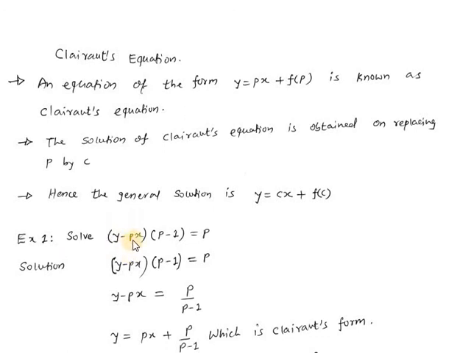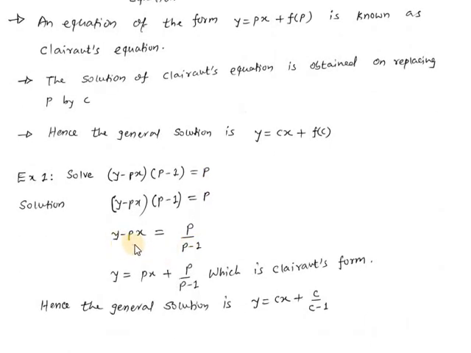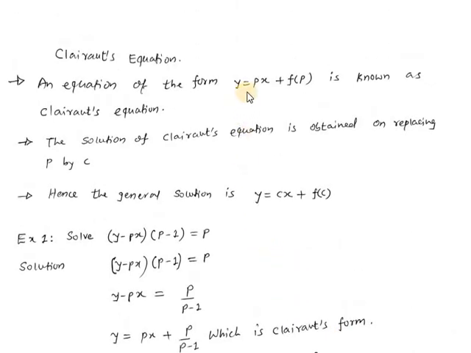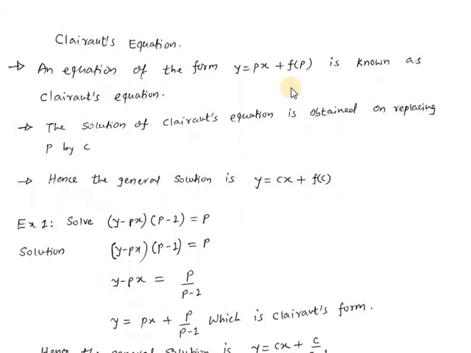Let us discuss the first example. Solve y minus px into p minus 1 is equal to p. Therefore here y minus px is equal to p divided by p minus 1. Therefore y is equal to px plus p divided by p minus 1, which is Clairaut's form, because Clairaut's equation is y is equal to px plus f of p.